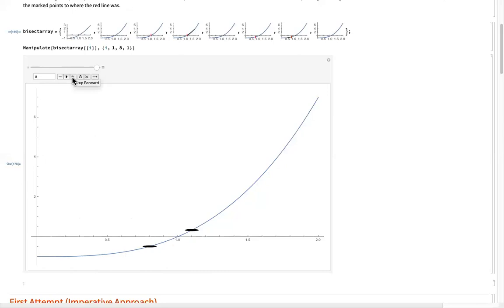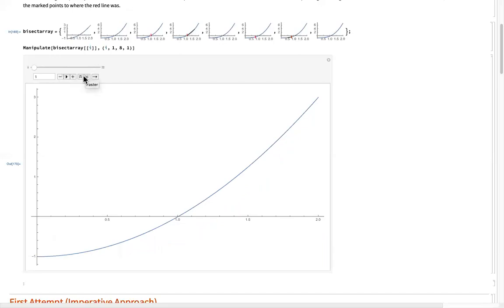I think I may have hit all the points in my simulation. Yeah, that's the end of my simulation. So we can go back and play it continuously, a little bit slower here.